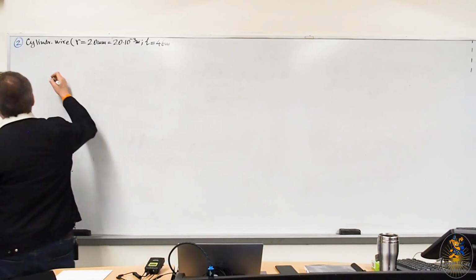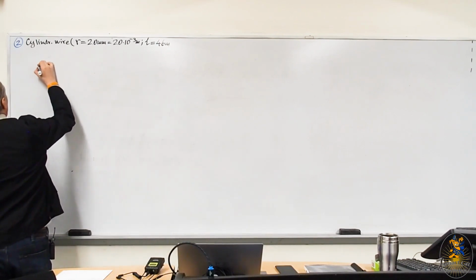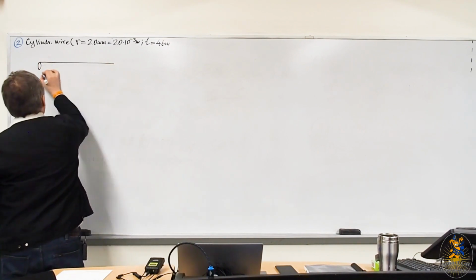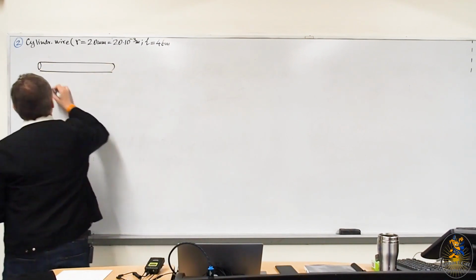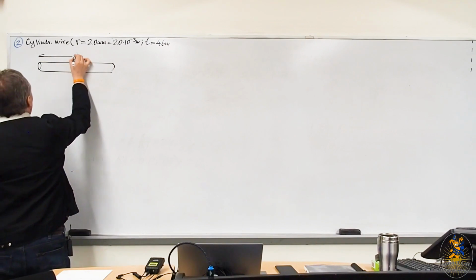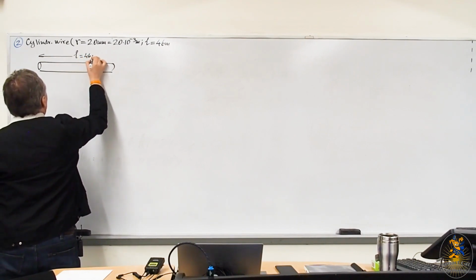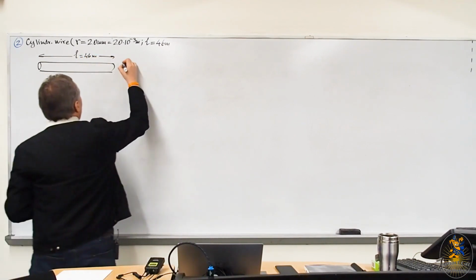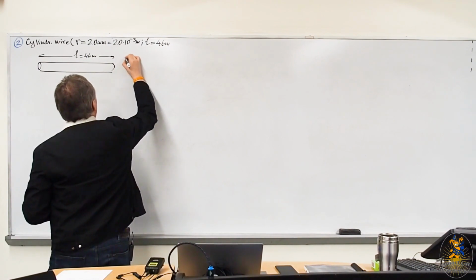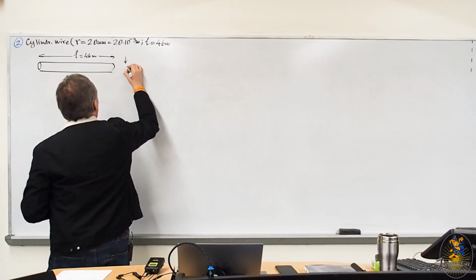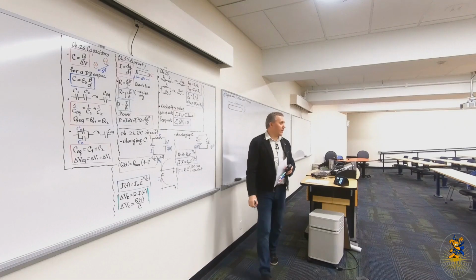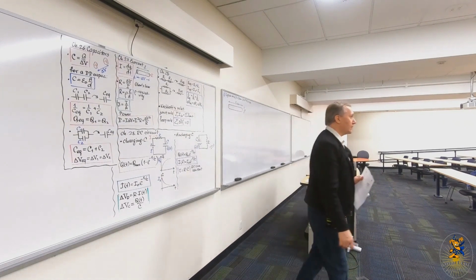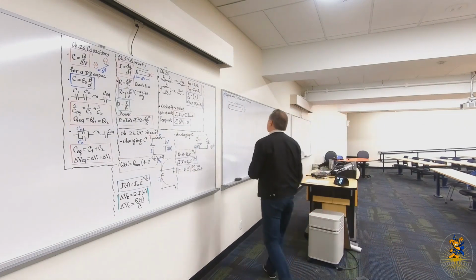And you know what? I probably will start drawing a picture immediately, because then it's easier to imagine what we are talking about. So that's our wire. Length is L, 46 meters. Then this is 2r, basically the diameter. r is given, but then of course that is 2r.